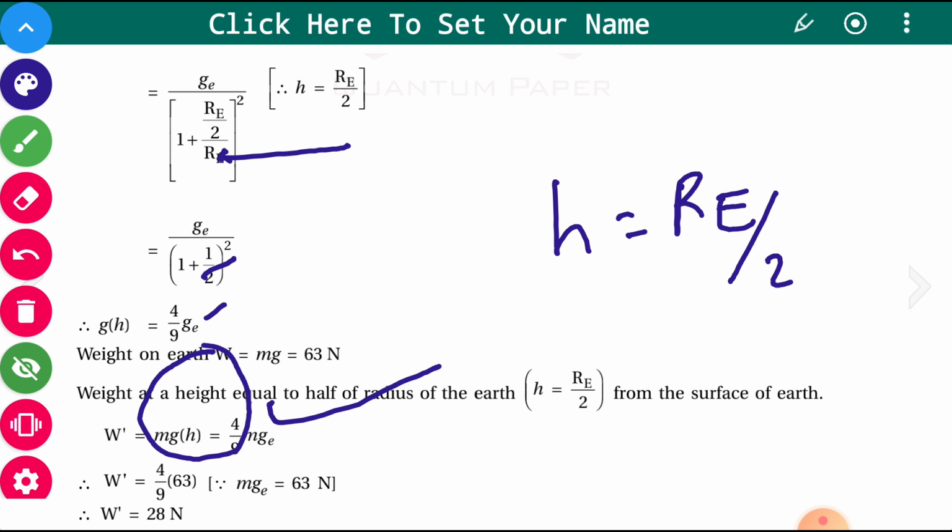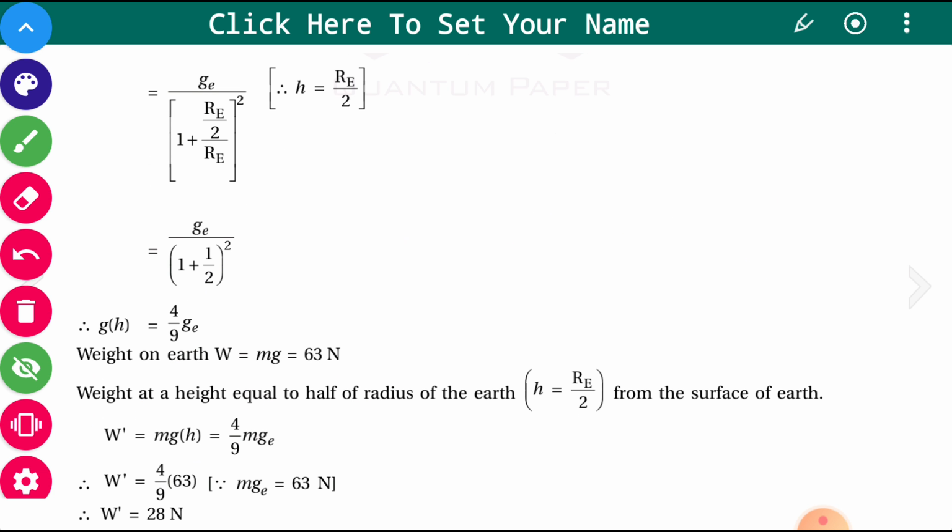Now 1 plus 1 by 2 is 3 by 2, whole square will become 9 by 4, and inverse of it will give you 4 by 9. So gravitational acceleration at height h will be 4 by 9 times gravitational acceleration on the earth, that is 9.8. So we just have to place the value and you get the answer.